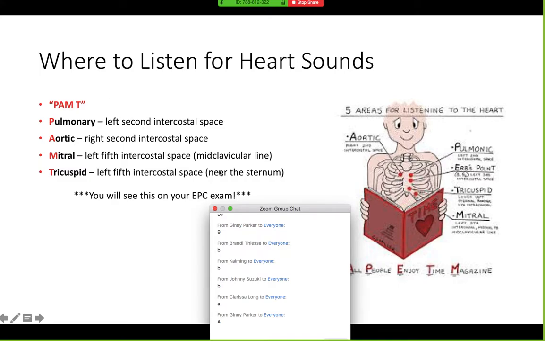So, just in case they do ask you this on the anatomy exam, the mnemonic that I learned was PAMT. So left, right, PAMT. Or another one I've heard is ape to man. So you can go from right to left and straight down. Don't worry about Earp's point right now.